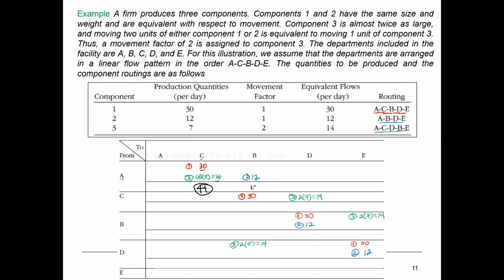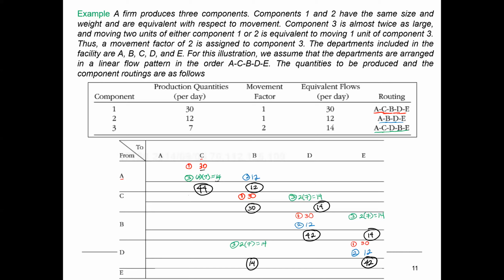For this one, this is 12. For this one, this is 30. For this one, this is 14. For this one, this is 42. This one, this is 14. This one is also 14. And this one is 42.